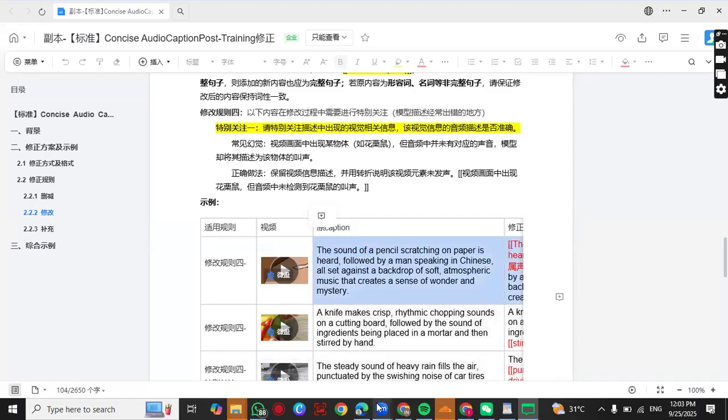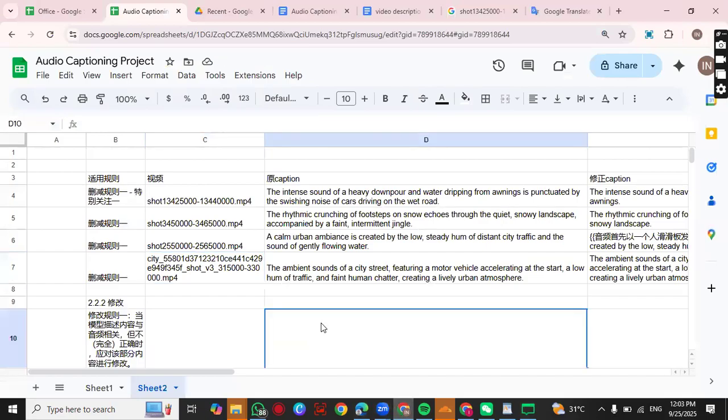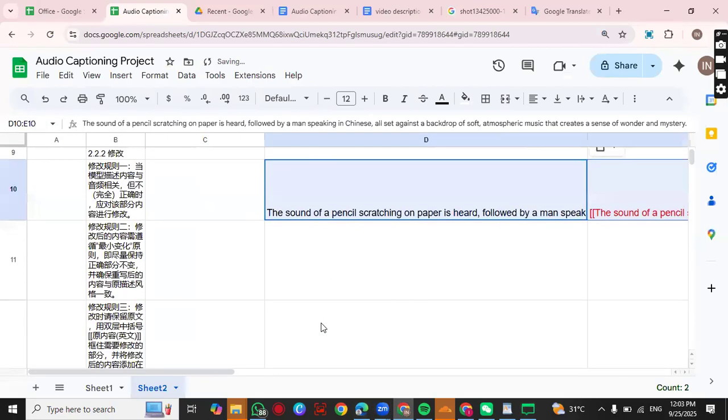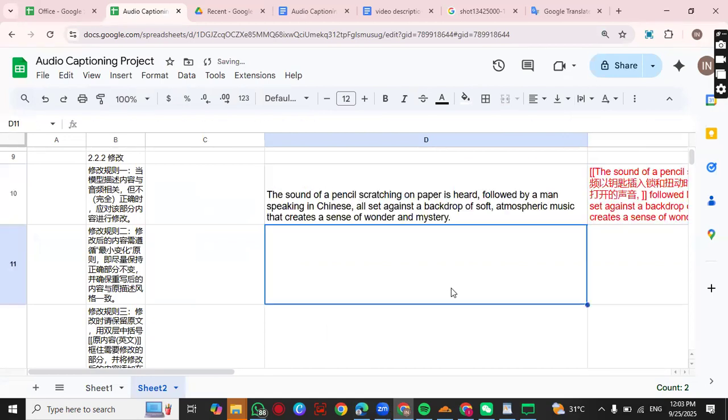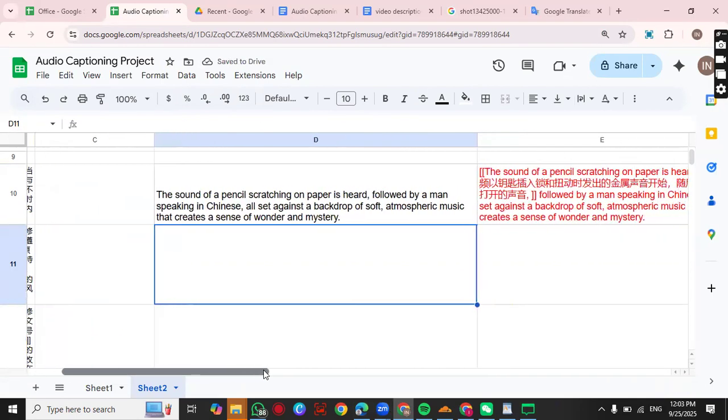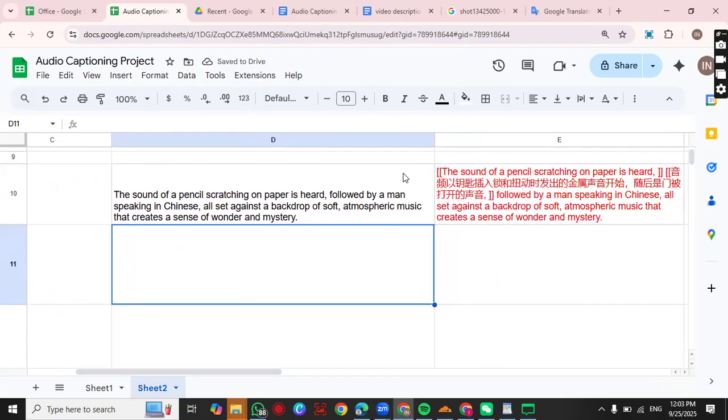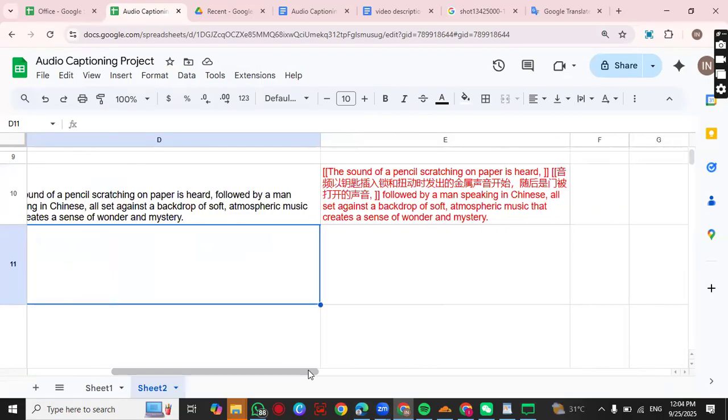Let me just see if I can copy this. Okay, so the sound of a pencil scratching on a paper is heard. So see, they need to do the correction.